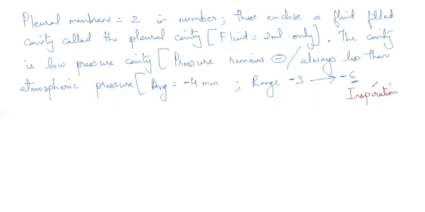The fall in pressure is seen during inspiration, and this minus 3 value is during expiration. But mostly it remains minus 4.